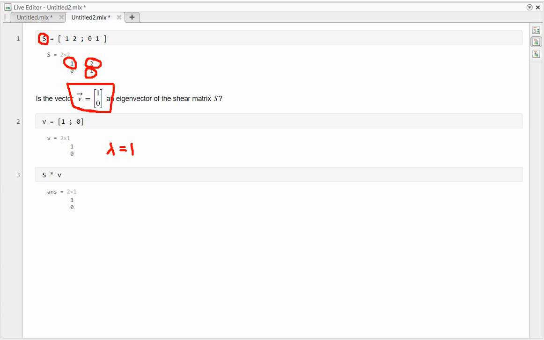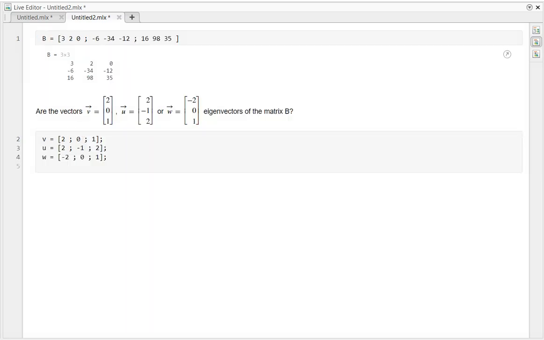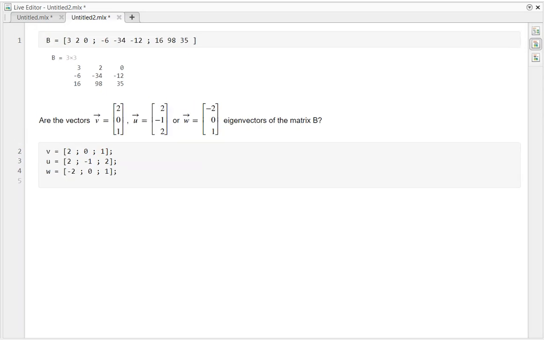Let's do some examples, but with larger matrices. So here we have the matrix B, and let me make this just a little bit larger. The question is, which of these three vectors are eigenvectors of the matrix? Well, we figure this out by multiplication.